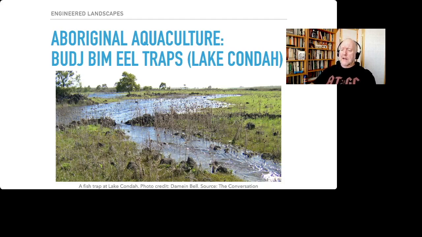This is a volcanic landscape in southwestern Victoria, formed around 30,000 years ago by the eruption of Mount Eccles. Starting at least 6,000 years ago, the local indigenous peoples created a complex system of rock-walled eel traps and pools to create what's essentially an aquacultural landscape or a farm. They are farming eels by trapping them.